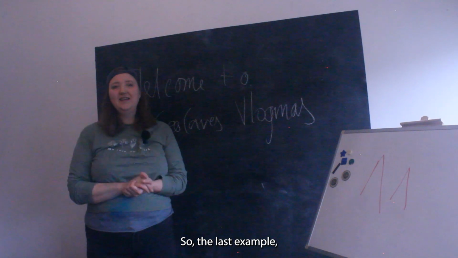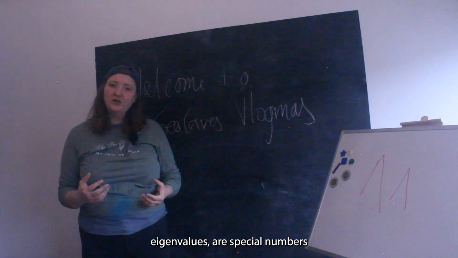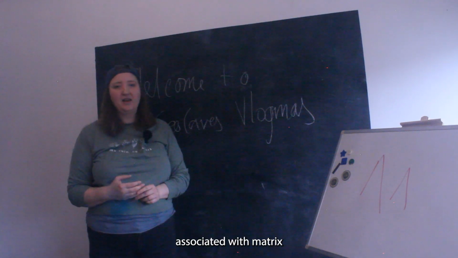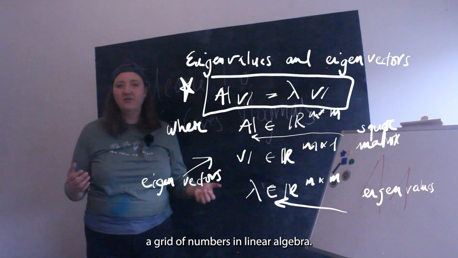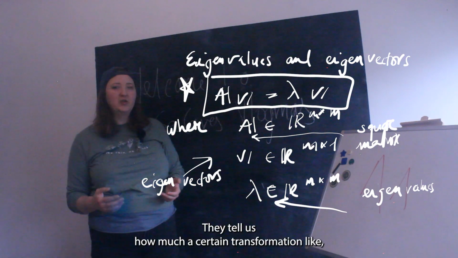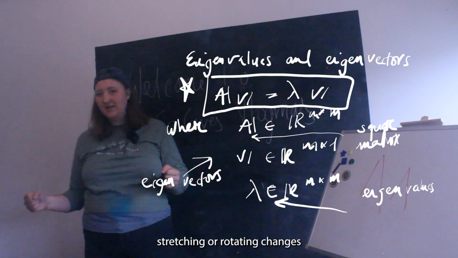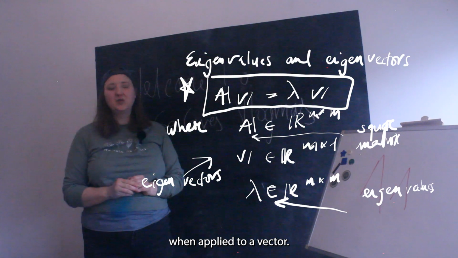So the last example, eigenvalues, are special numbers associated with a matrix, a grid of numbers in linear algebra. They tell us how much a certain transformation, like stretching or rotating, changes when applied to a vector.